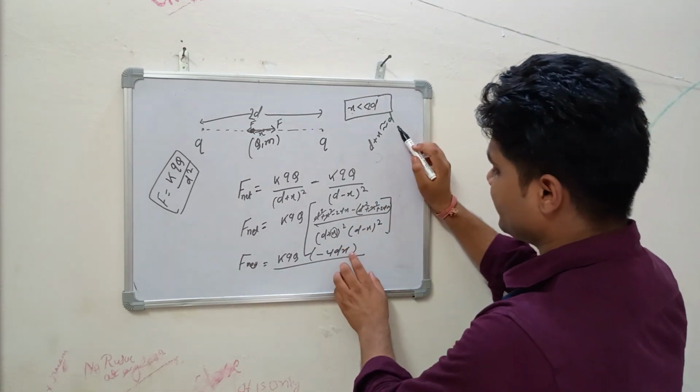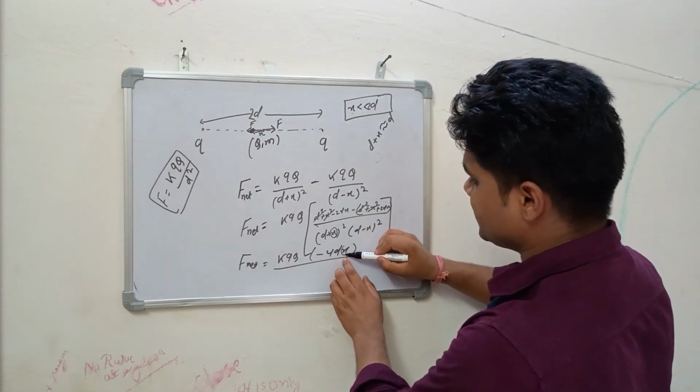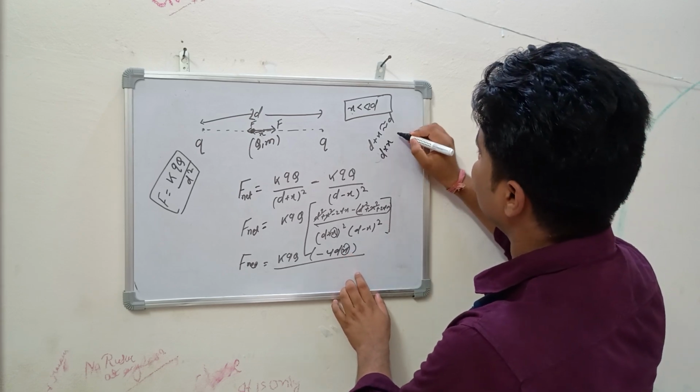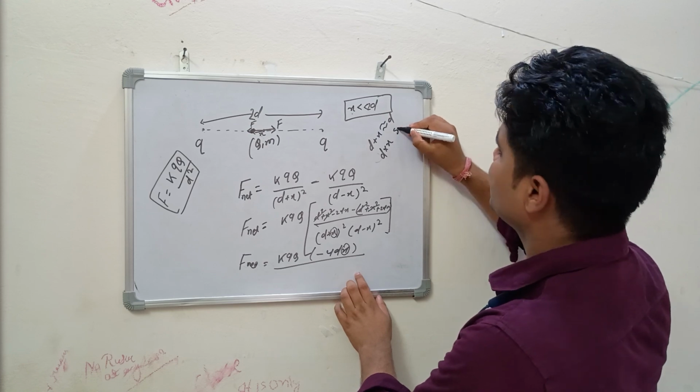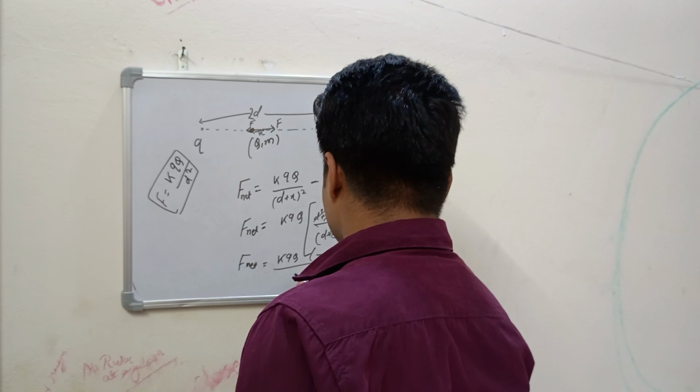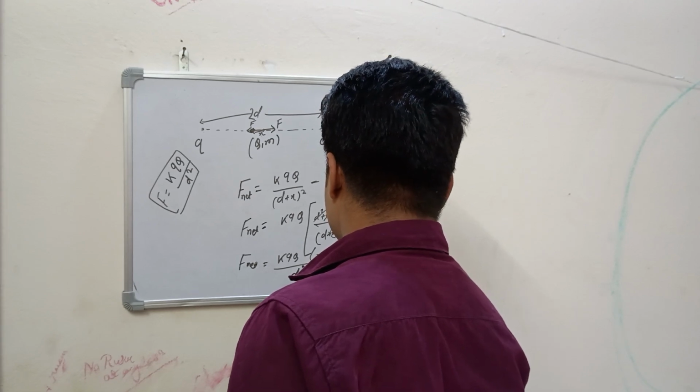But we can't ignore this x in the numerator, because if we multiply d into x, it will become a very small quantity. So this becomes d square into d square.